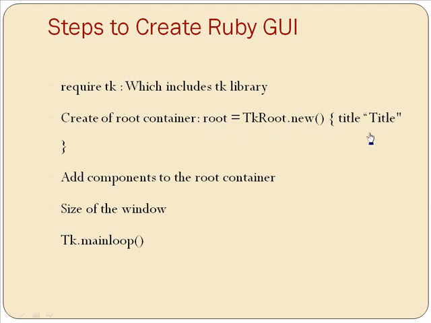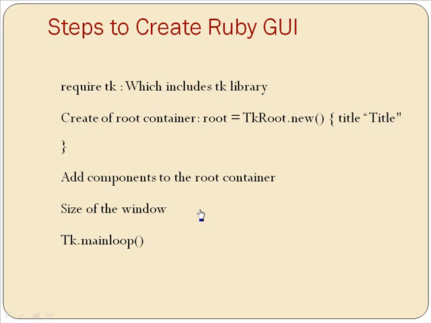Whenever we are creating a Ruby GUI, the first step is to create the root container, because everything is placed in or after the root container. Then we can add components to the root container.